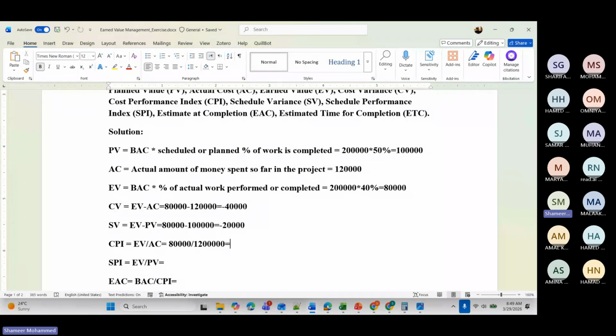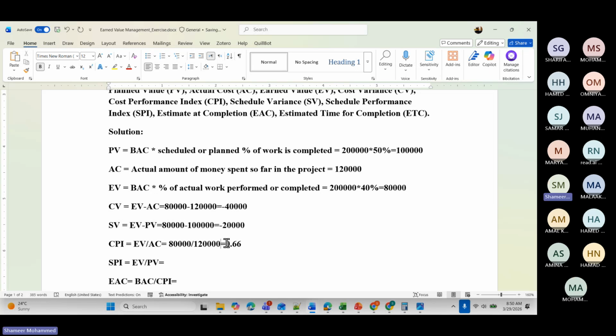Cost performance index, how much? 0.66, that is, 0.67.